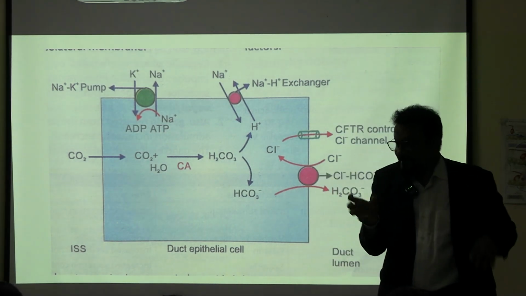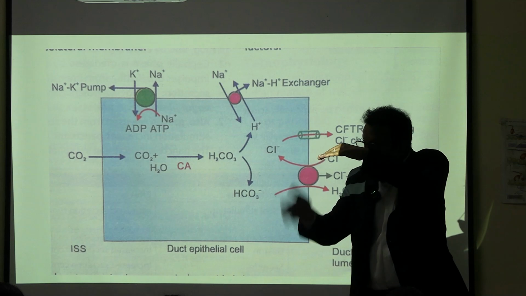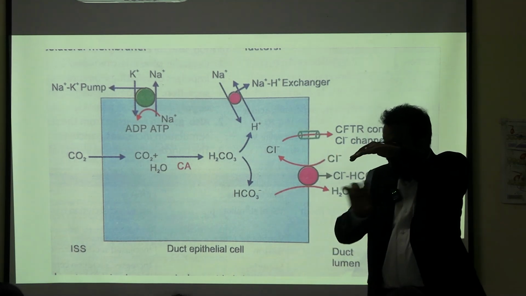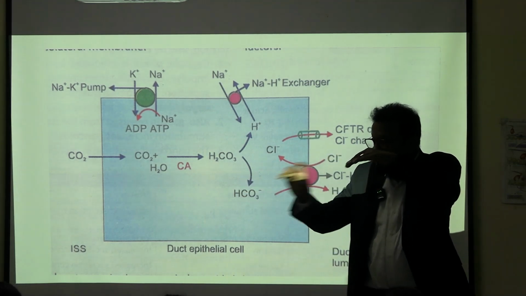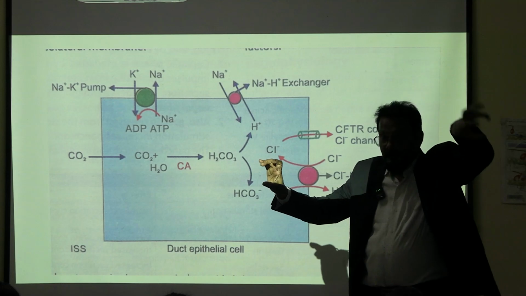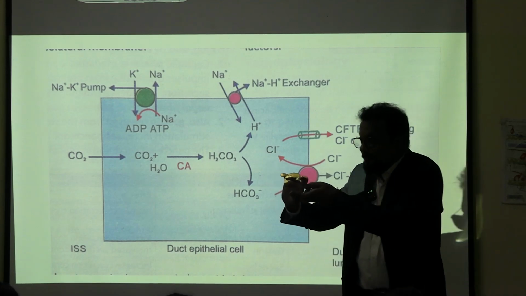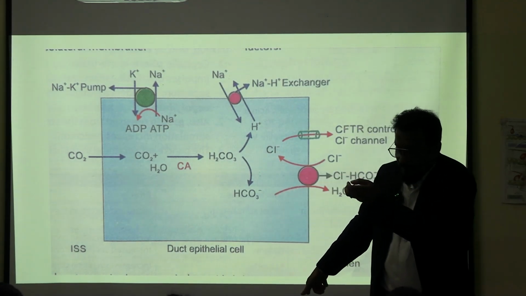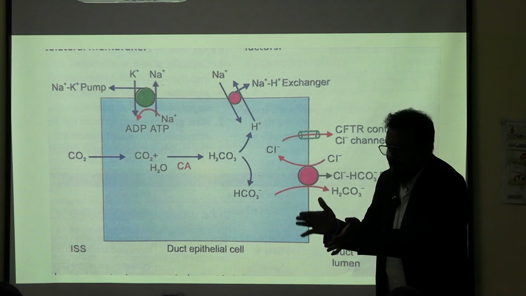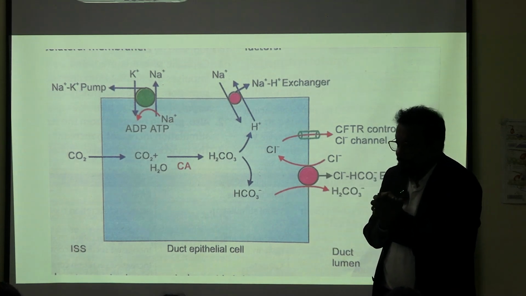So this viscous thing, while passing through the duct, will block this passage. If it is blocked, then the pancreatic juice will be unable to enter into the lumen of the duodenum.